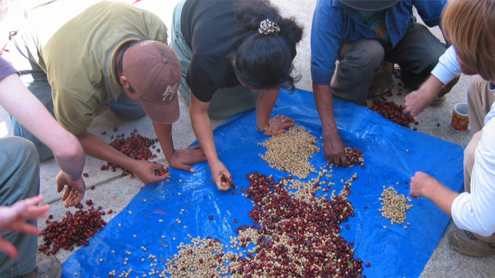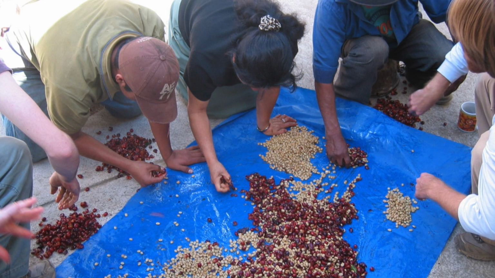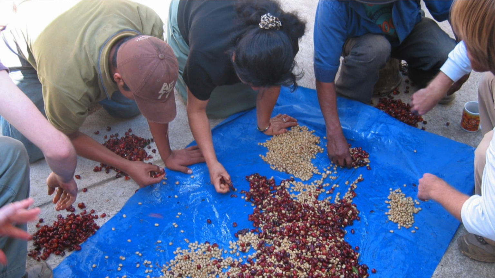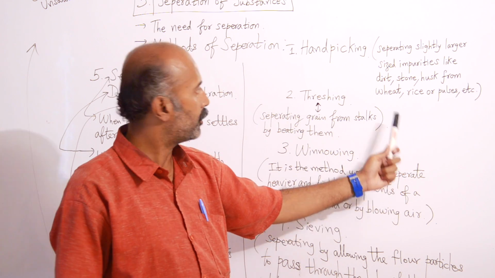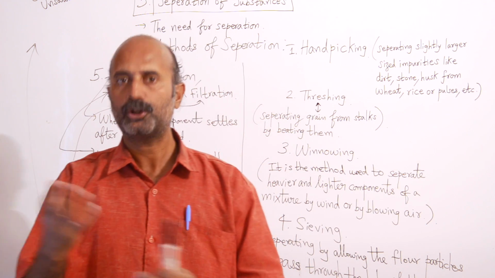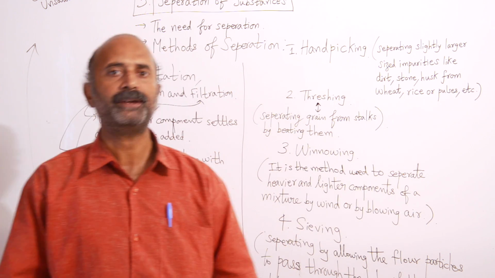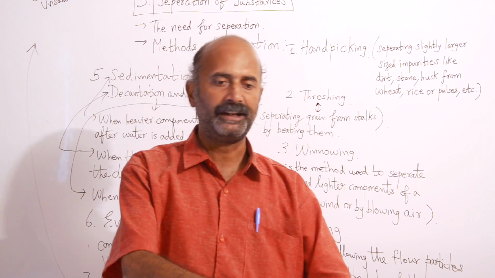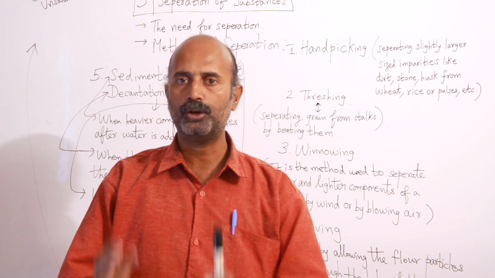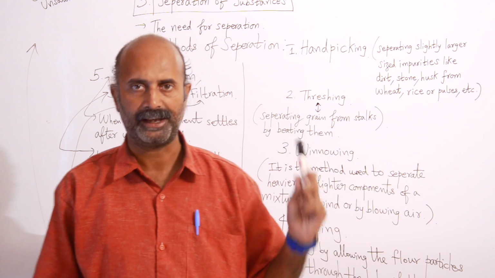So when you are separating slightly larger size impurities like dirt, stone, husk from wheat, it can also be for removing impurities from rice or pulses, like dal, moong dal, chana dal, also known as Bengal grams, etc. Very simple, you are picking the impurities and separating the good substance apart from the impurities. That's why it's known as hand picking.